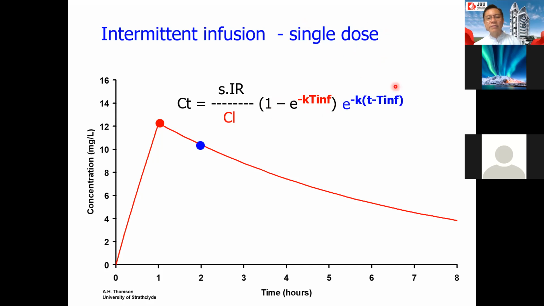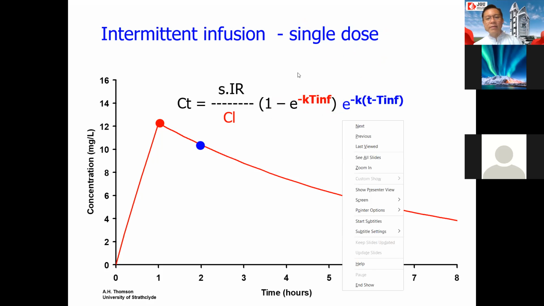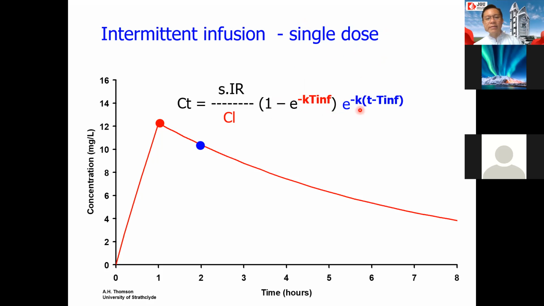Next, if we want to get this, until here is Cmax, but to get the C(t) at any time, you have to multiply again by e to the power of minus k times (t minus t infusion), because the t infusion is 1 hour.